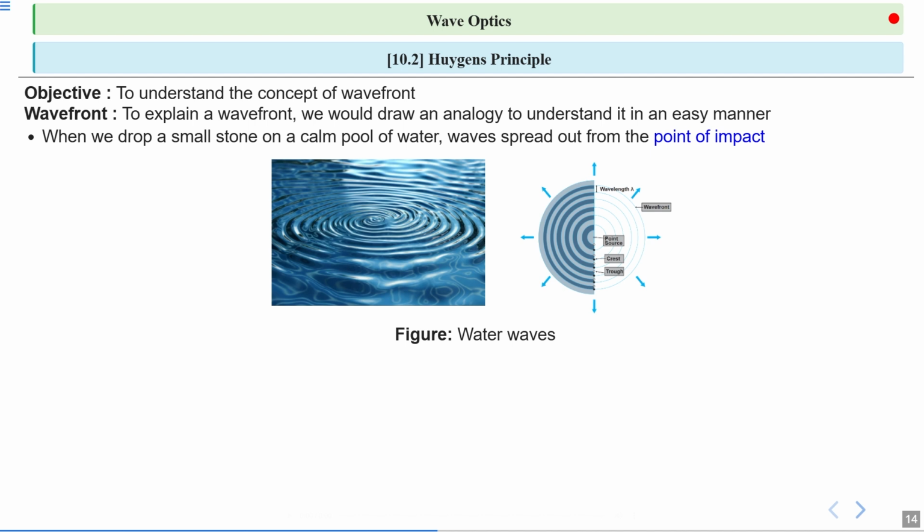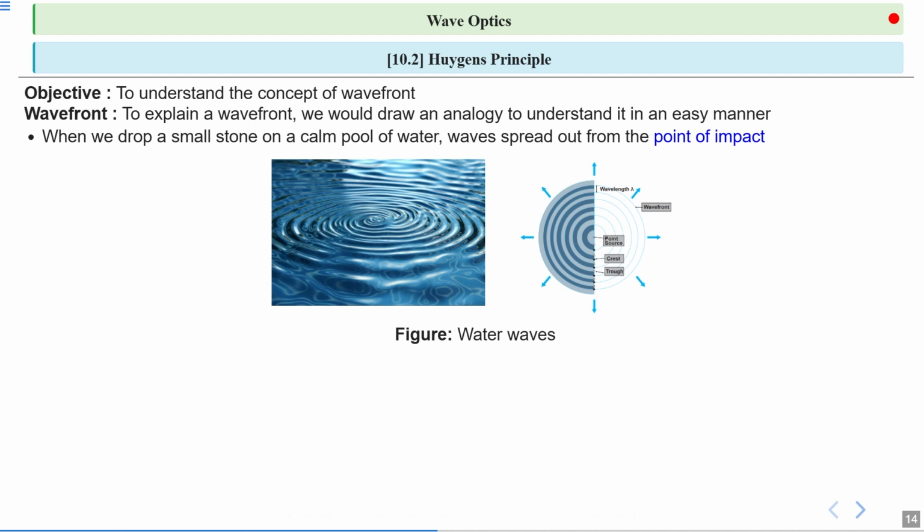The elevated part of the wave is known as crest, and the depressed part is known as trough. And the point of source, where the stone is dropped in the pond, is the point source, from which water waves are spreading in all directions.